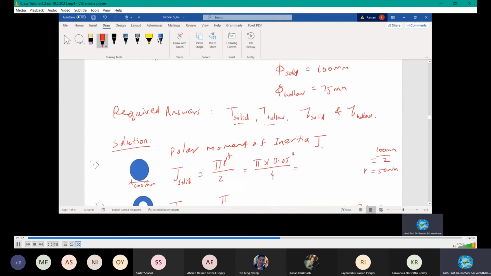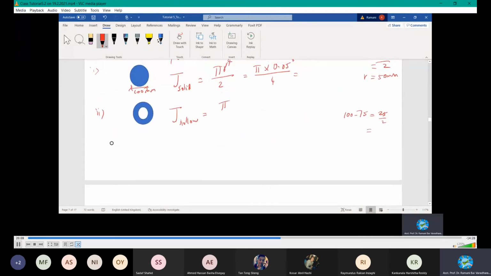Diameter, right? Yeah, diameter. So you left with 25 all through the sides, because end to end is 100, right? You remove 75. You left with 25, which should be shared by both sides, right?